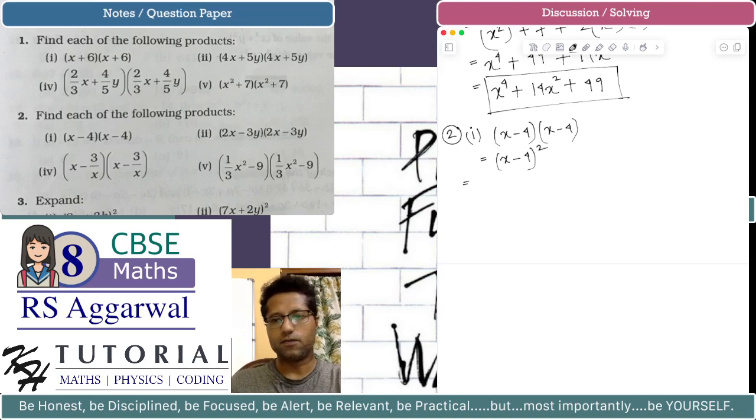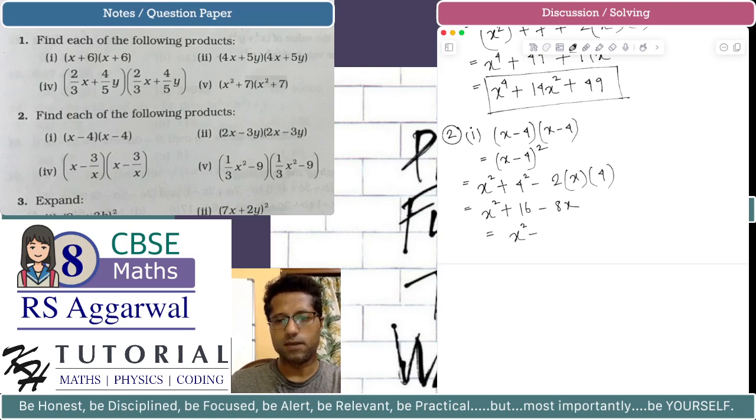Now we will apply the formula of a minus b whole square, that is a square plus b square minus twice ab. So this is equal to x square plus 16 minus 8x. This is equal to x square minus 8x plus 16.